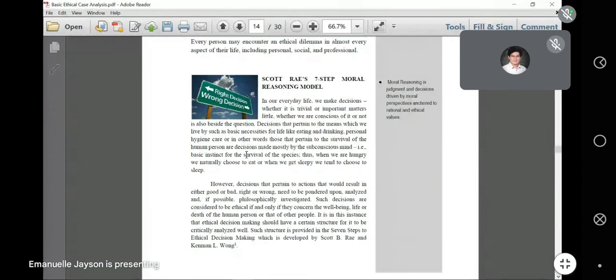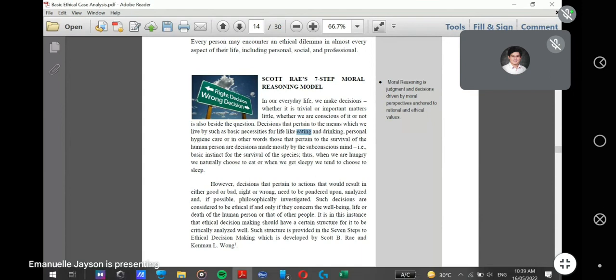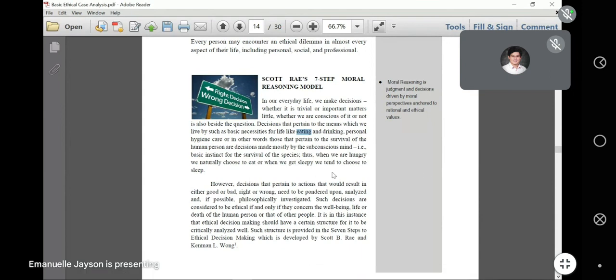In other words, basic instincts for the survival of the species. Pero kanina natakal na natin, no, how eating could also be a problem, no, kapag ikaw ay nagugutom. That could also influence your mind, could also influence what action you should take in order to satisfy that hunger.